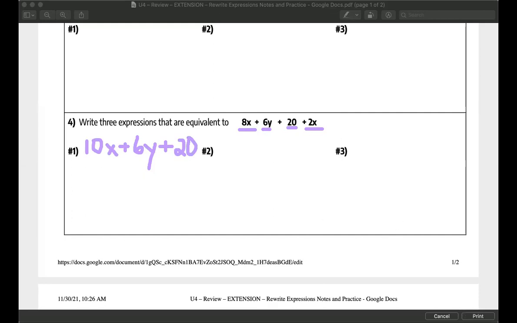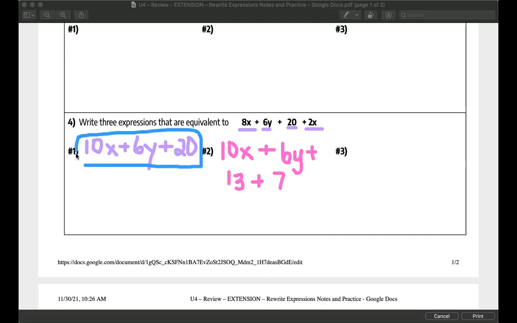Now let's say I just break this down a little bit further. So maybe I keep my 10x the same. Maybe I keep my 6y the same, but maybe I split up my 20 into 13 and 7. I can keep breaking it down that way for number 3, but let's say I actually do kind of a tricky thing here. What if I use the reverse distributive property on this first expression?